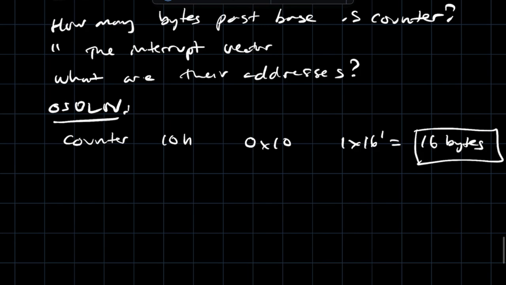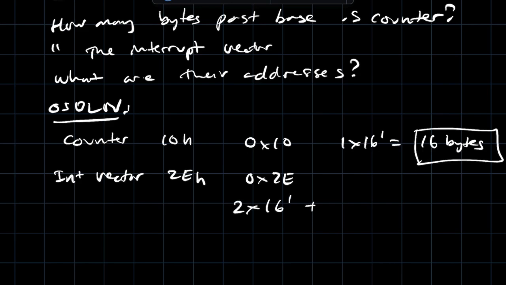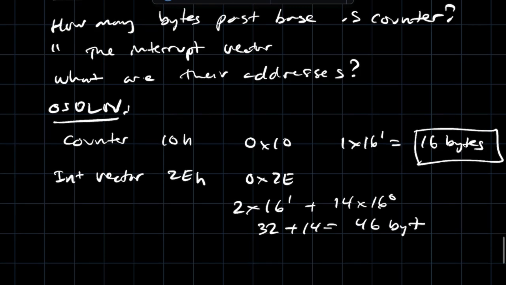The interrupt vector was specified to be at 0x2E. So that's 2 times 16 to the first plus 14 times 16 to the 0. That's 32 plus 14. That's 46 bytes.